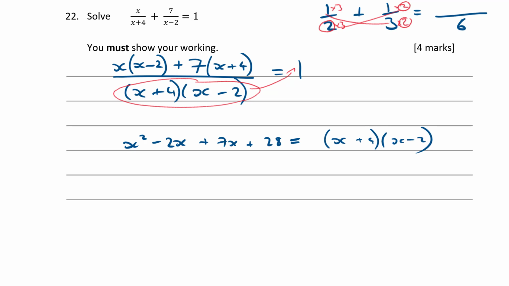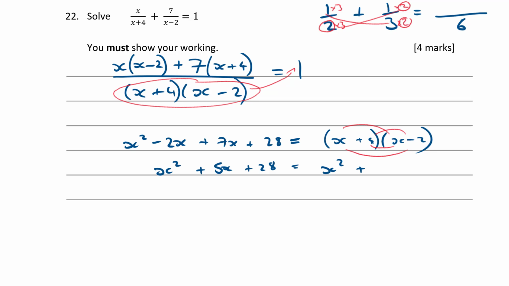Okay, so then multiplying that out and collecting like terms, etc. I'm going to collect like terms on the left, so that's going to give me x squared plus 5x plus 28, just tidying up the minus 2x and the 7x. And then doing FOIL on these brackets. So I'm going to get x squared plus, can't read my writing, is that 4?